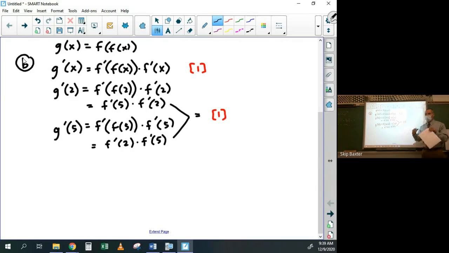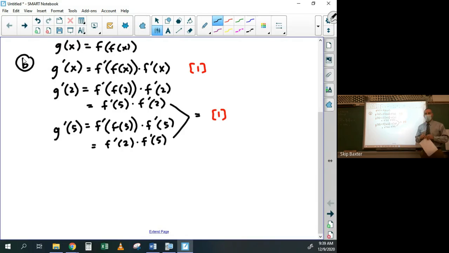If you have this differentiable function G prime, which we know is differentiable because they tell us that F is twice differentiable, then F prime is differentiable, and so is G prime. So for that second part, all I had to add was the fact that G prime was differentiable.